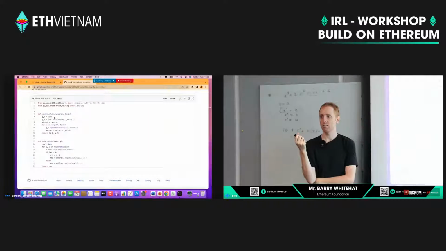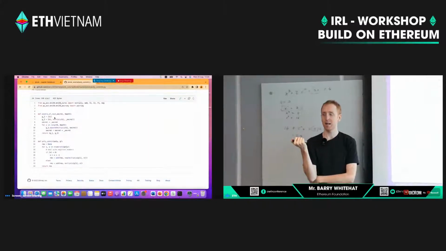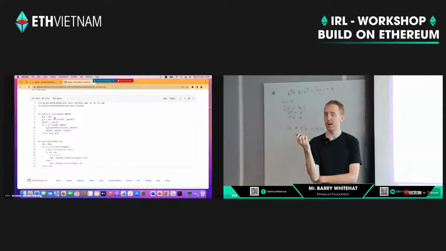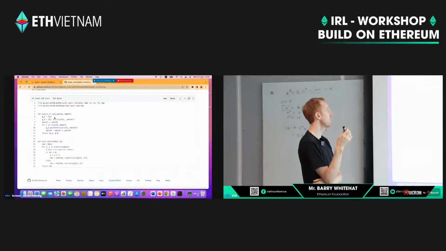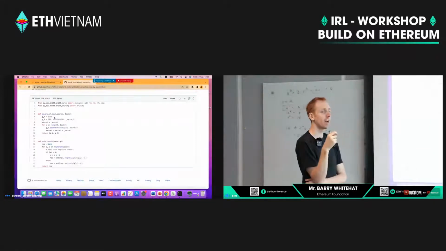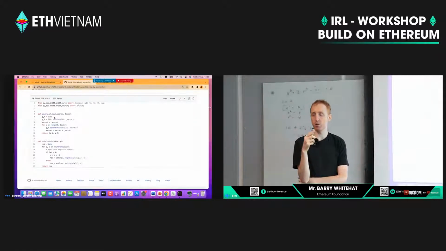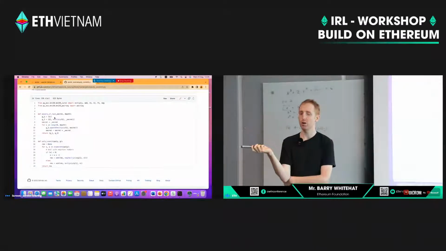So let's just build a quick black box about elliptic curves. Basically the way that elliptic curves work is that it's a one-way function. With an elliptic curve, you can multiply it by another number. You can go forward, but it's impossible to divide. It's impossible to go backwards.